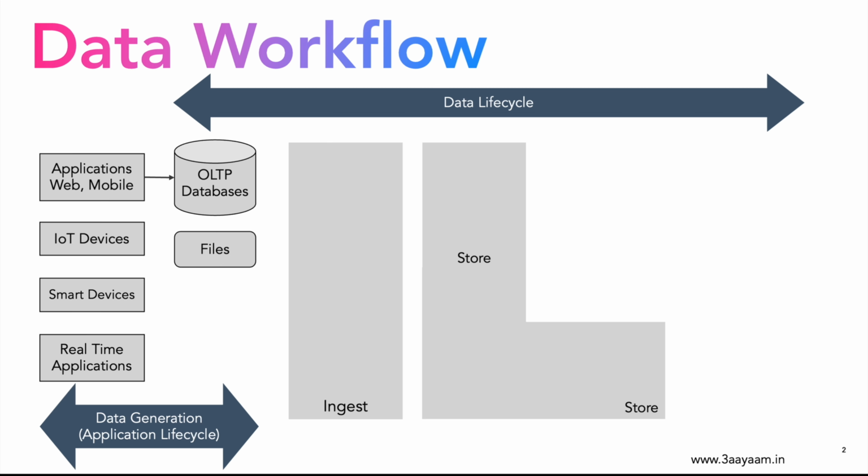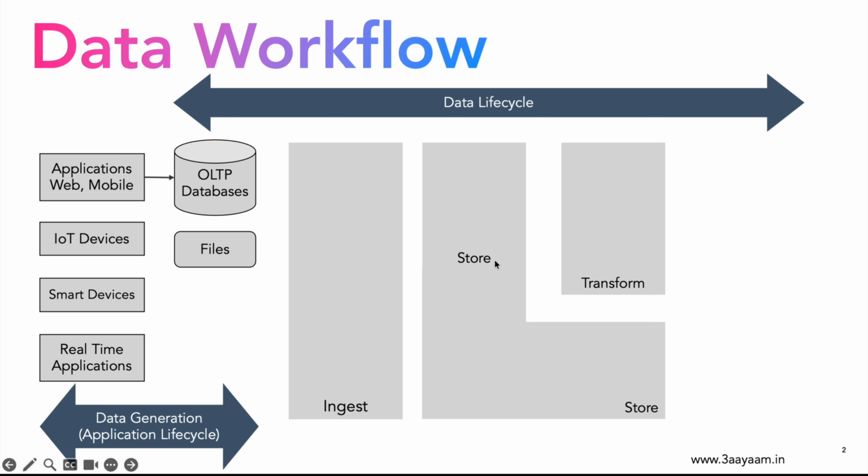Now, after we ingest the data, we store the data in various formats. I'll talk about various formats later on, but after ingesting the data, of course, we have to store it in some place so that the transformation logic can be applied on these data. Now, this transformation logic is nothing but the data processing. So we need to process the data and then store it again. So that's why you have this storage layer twice.